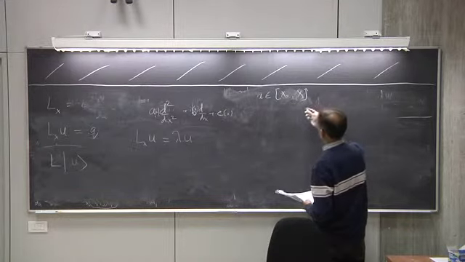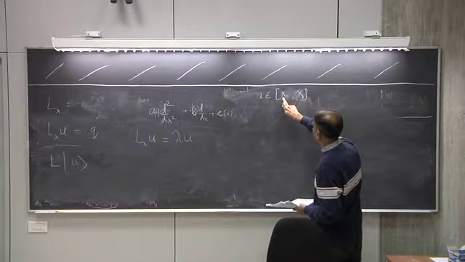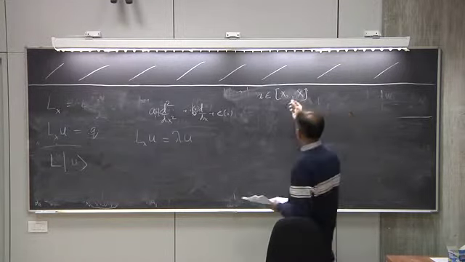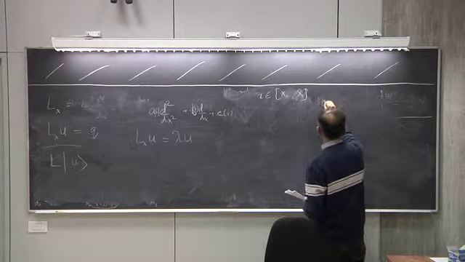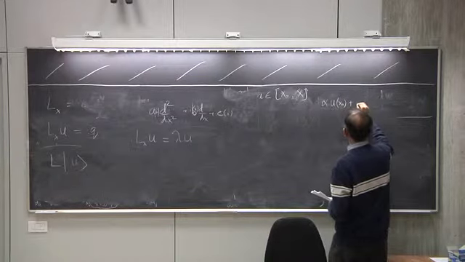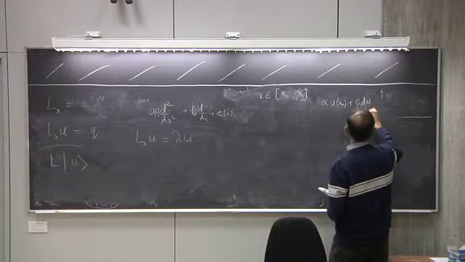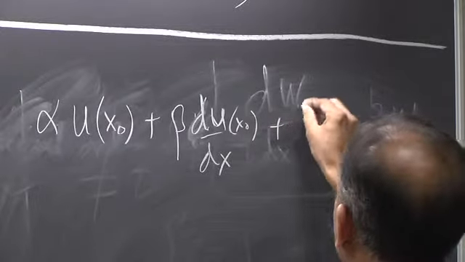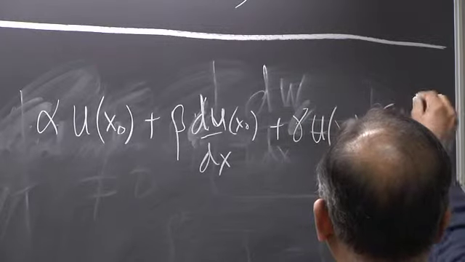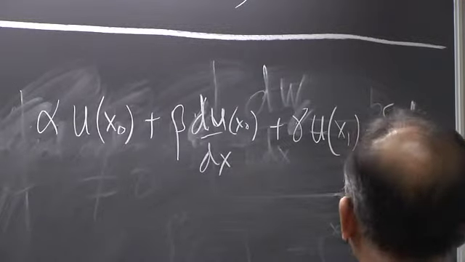Generally the boundary conditions, which also appear in physics, will involve the values of the functions at the endpoints and the values of the first derivatives at the endpoints. So the two data could involve something like alpha u at x0 plus beta du/dx at x0, plus a similar quantity, gamma u at x1 plus delta du/dx at x1.